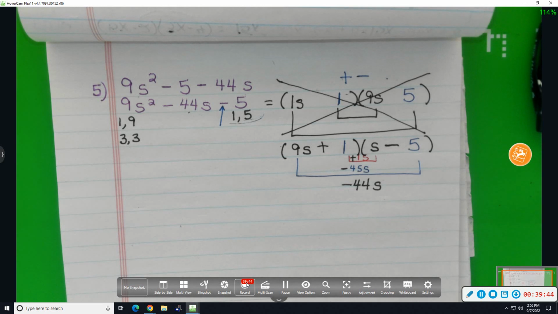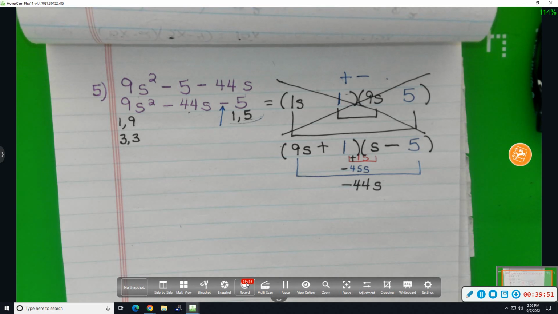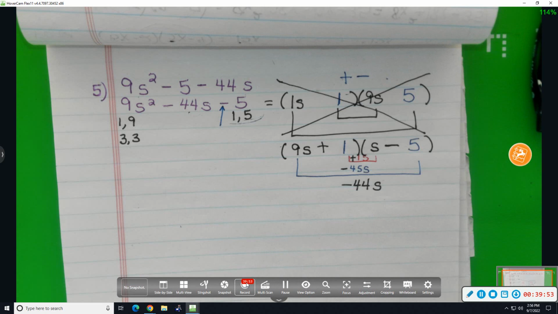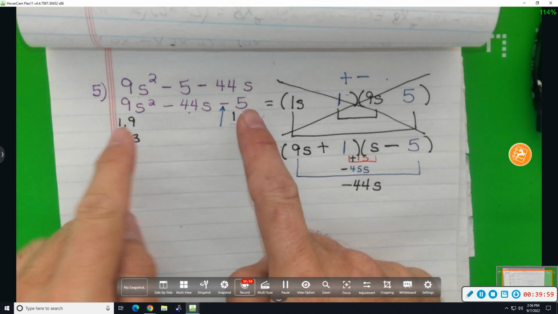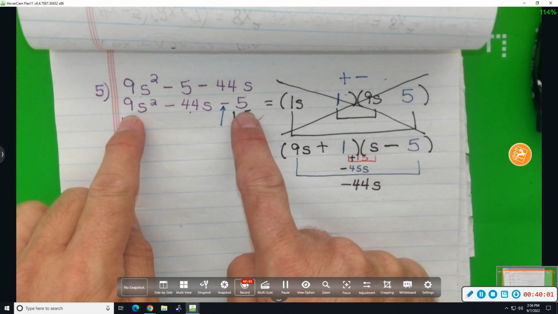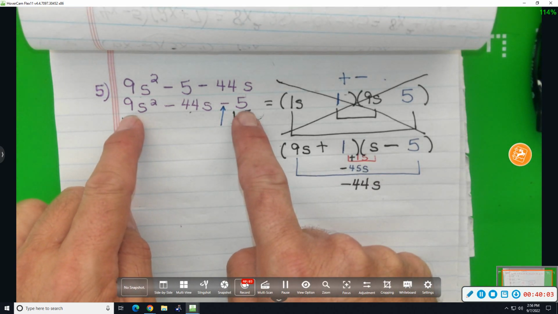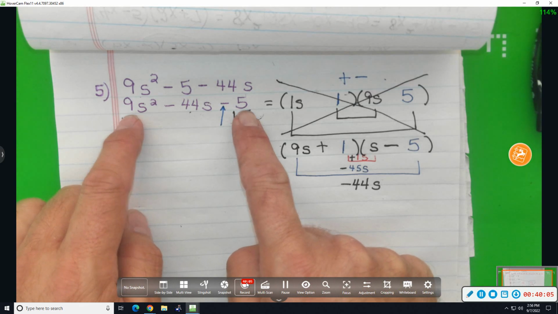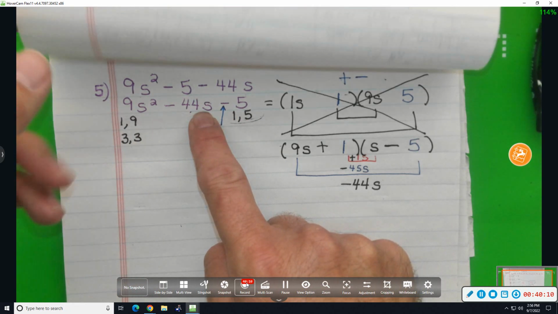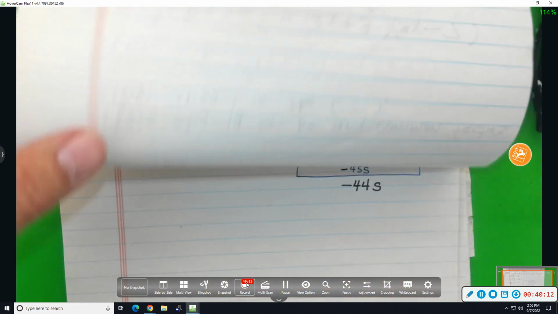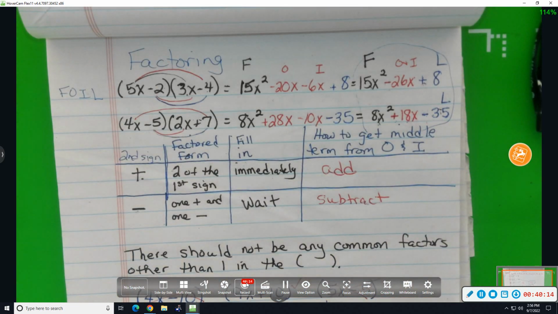There's another method called the AC method for factoring, which I'll never do in class, but I'm going to mention it briefly just in case you're thinking, wow, I seem to recall. Do you ever recall where you have to multiply the first number and the last number, and then get two numbers that multiply to give that, and add together to give this, and then rewrite with four terms and grouping?